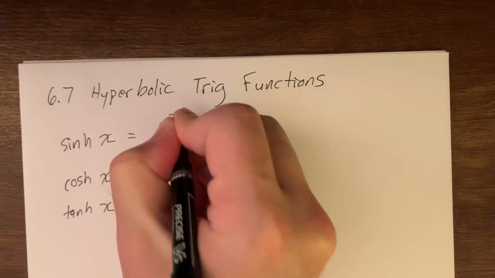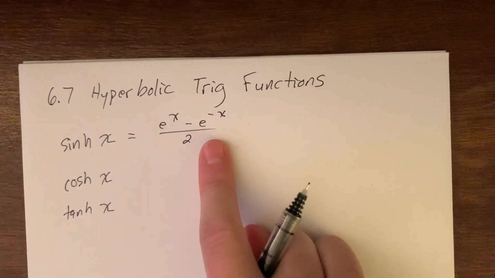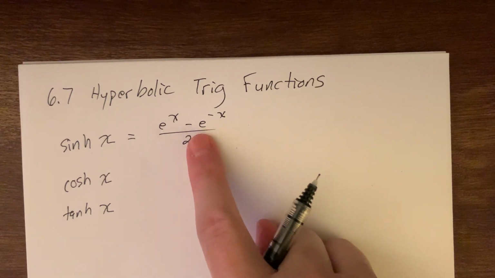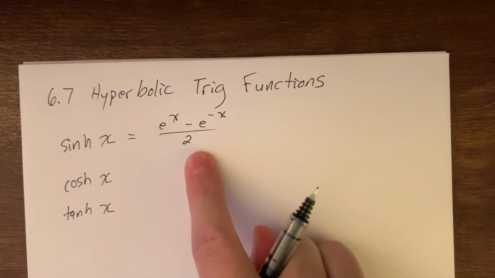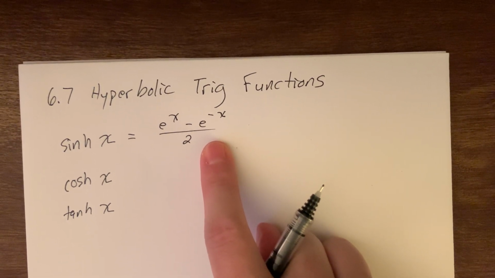Hyperbolic sine is actually this combination of e functions. E to the x minus e to the minus x all over 2. That strange combination, well again, it seems strange, but it actually still comes up quite a bit.